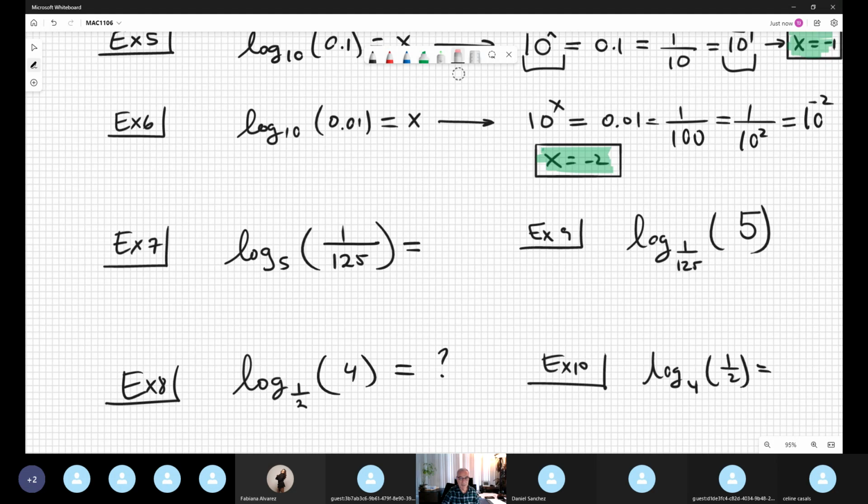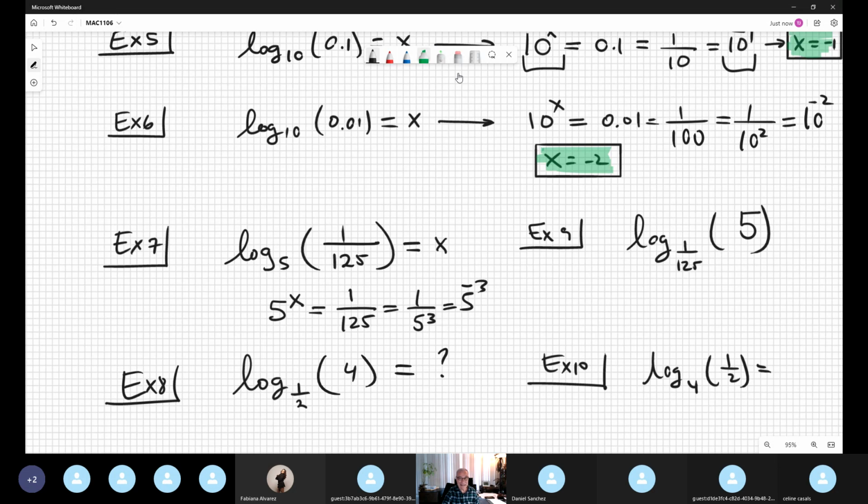Let's find the exact value. X, no idea. You express this statement as an exponential. The base is 5, the exponent, I don't know, equals 125. And 125, you put in the calculator, 5 times 5 times 5 is 5 to the third power. And the reciprocal is 5 to the minus 3.